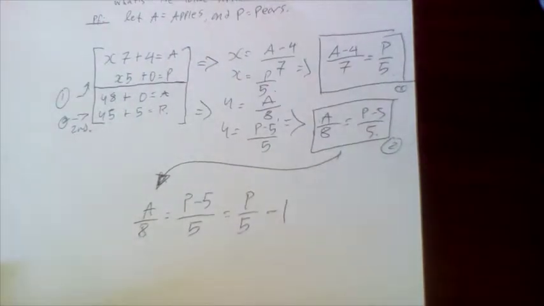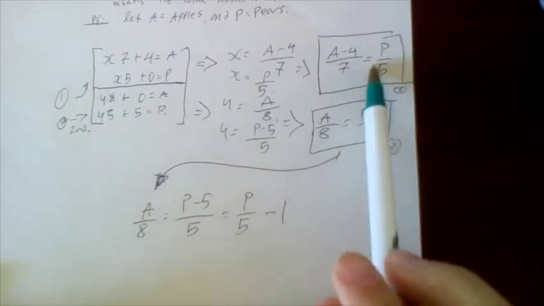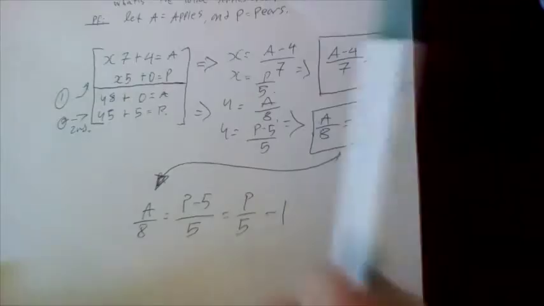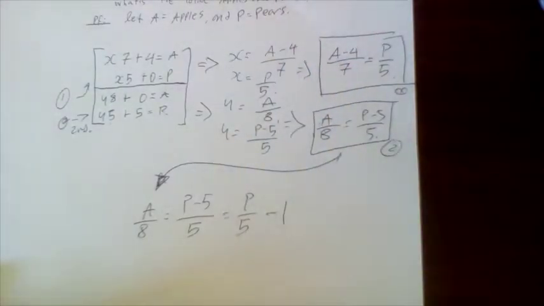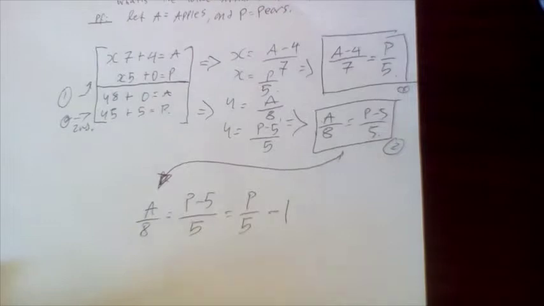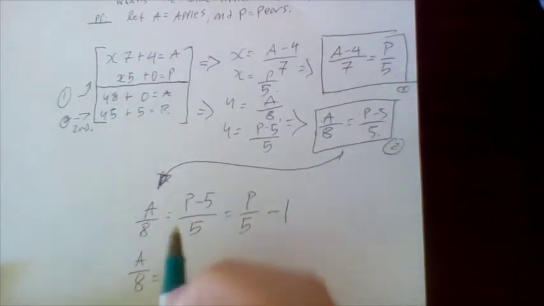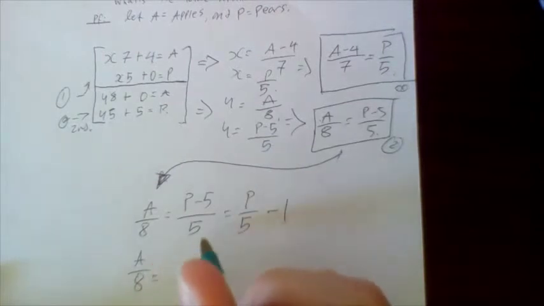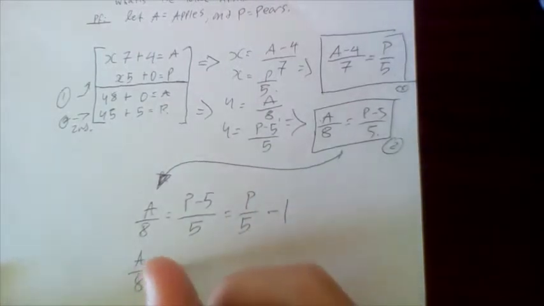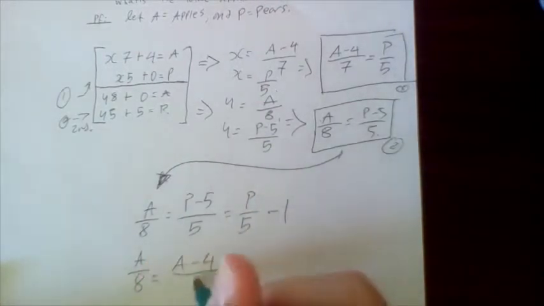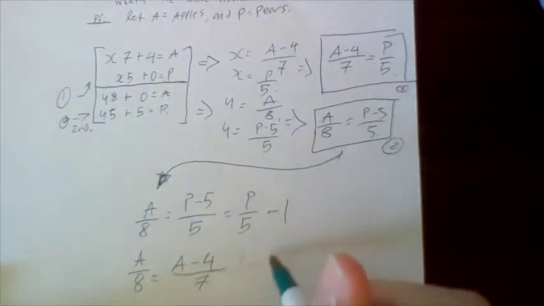So we can substitute equation 1, which tells us that P on 5 is equal to (A minus 4) on 7. And so we have that A on 8 is equal to (A minus 4) on 7 minus 1.